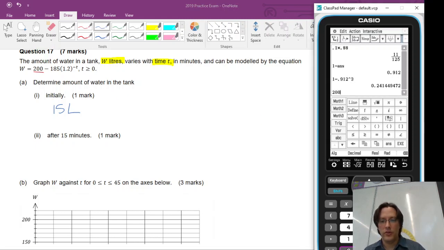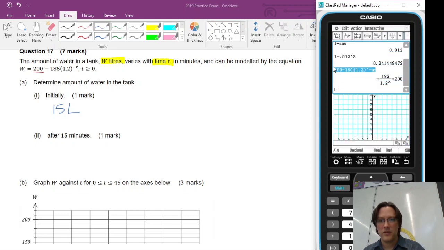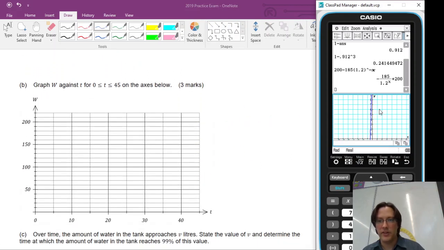I'm just going to draw a quick little 200 take 185, 1.2 to the power of, and I'm going to call it negative x. Draw that on there. And let's just have a look at the axes of this, because it looks like we're going to be sketching it.